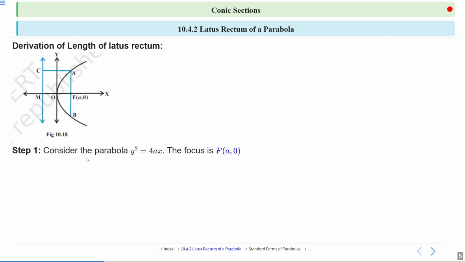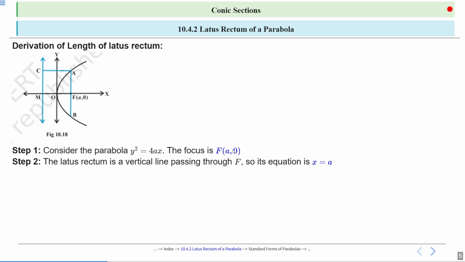In step 1, first consider the parabola y square equal to 4ax. The focus of this parabola is F, and the coordinates of F are (a, 0).